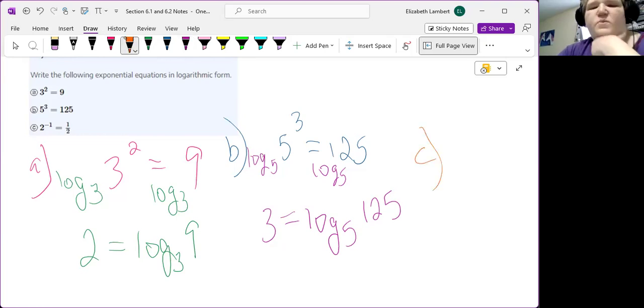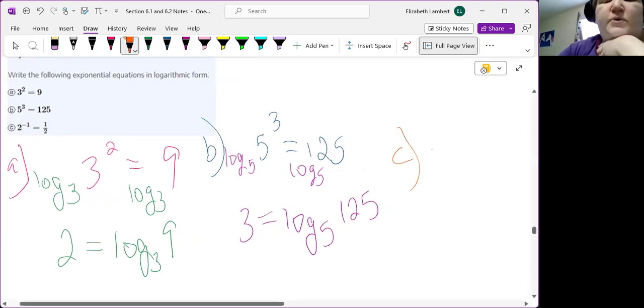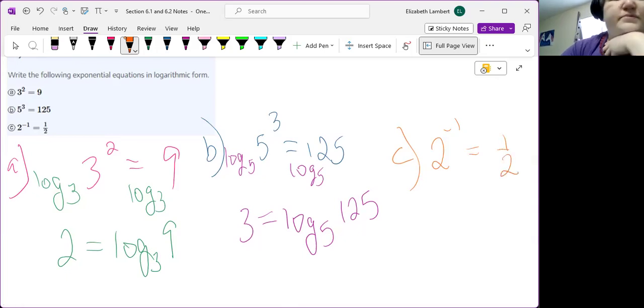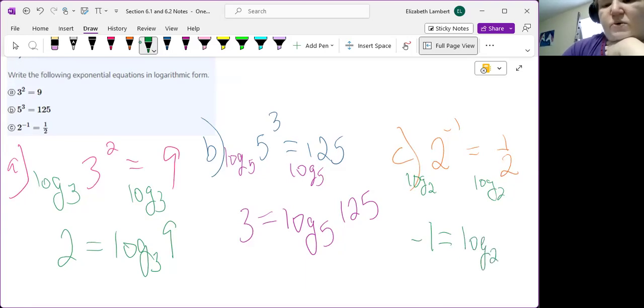And then our last one, we get a negative number showing up. But it's a negative exponent. That's okay. So I would apply log base 2 to both sides. So this becomes -1 equals log base 2 of 1/2. So I didn't log a negative number.